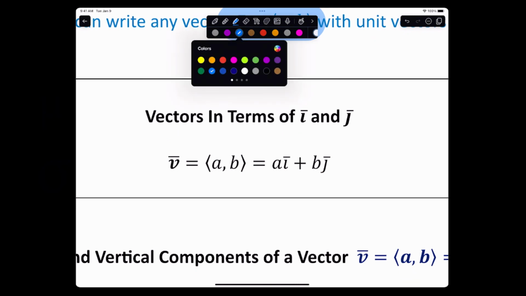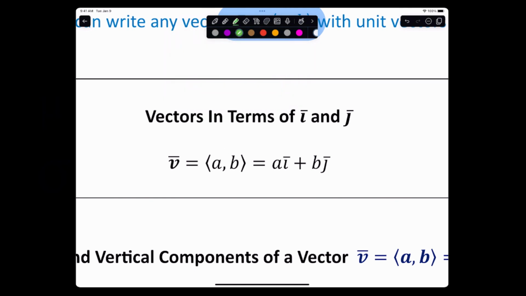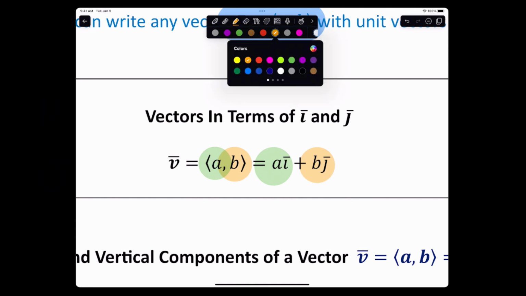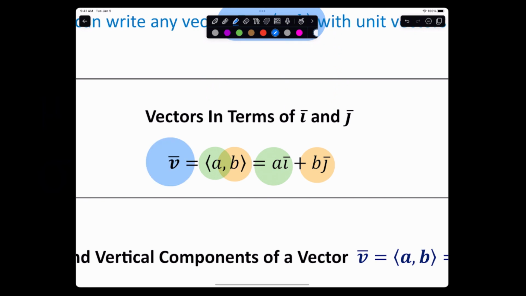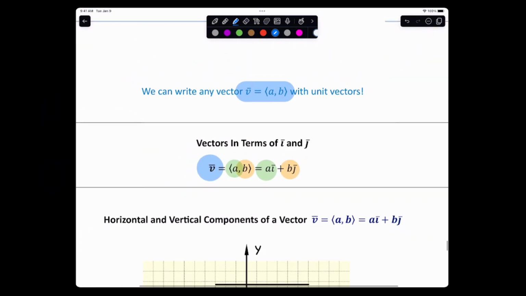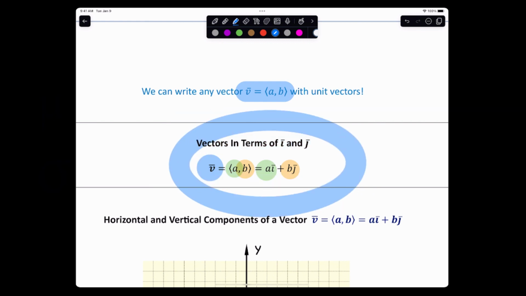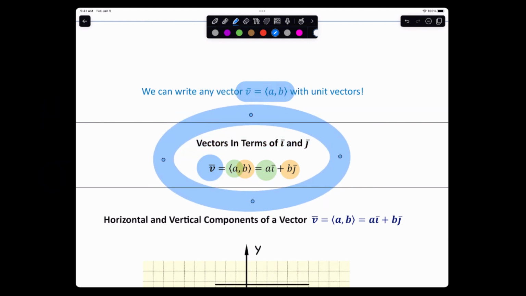I want you guys to pay attention to that. Here's the a component, you write it as ai. Here's the b component, we can write it as plus bj, where i and j are the unit vectors I just described for you guys. This is an extremely important fact. Writing these vectors in terms of ij vectors really is preferred because it's a lot easier to work with.